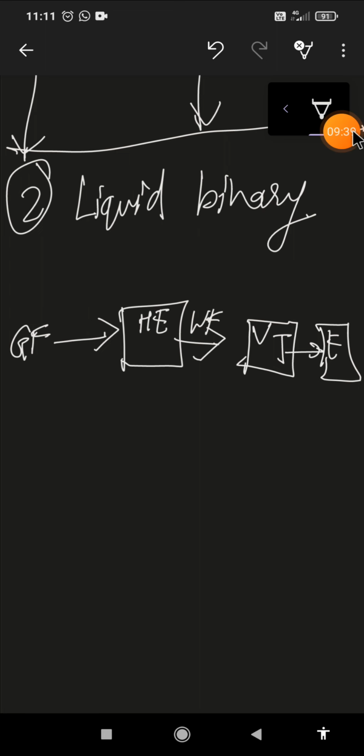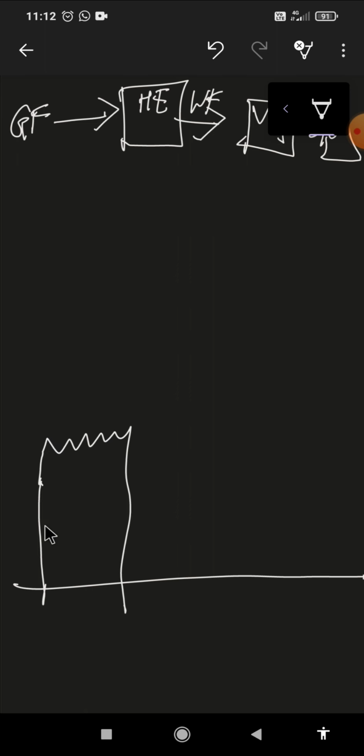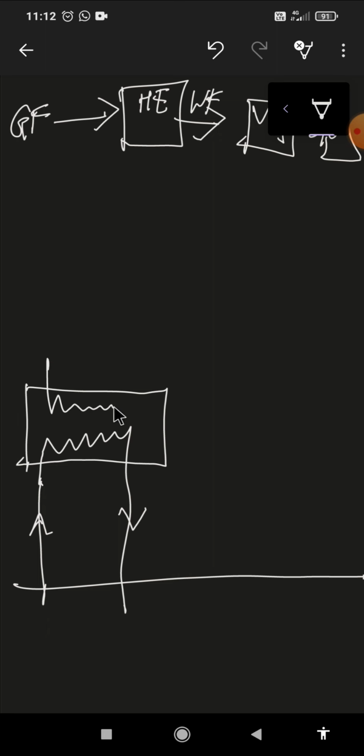So let's draw again to understand. Suppose this is the ground, and from here the hot water is taken and re-injected back to the ground, and from here, through the heat exchanger, the heat has been taken from this hot water to another component, suppose isobutane, ammonia, or anything else.